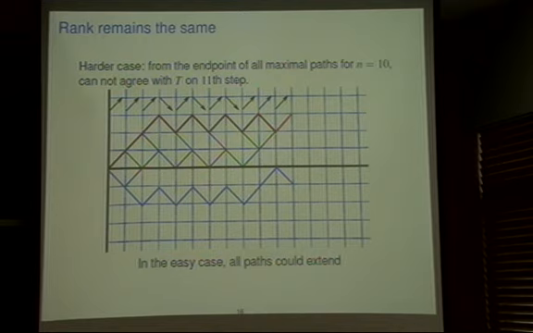Remember, we're trying to find paths that agree with t the most number of times possible. So if you do that, then everything's good. You get one more agreement with t, and it takes not too much work to convince yourself that you couldn't have done any better than that.